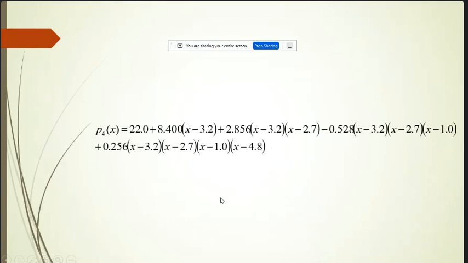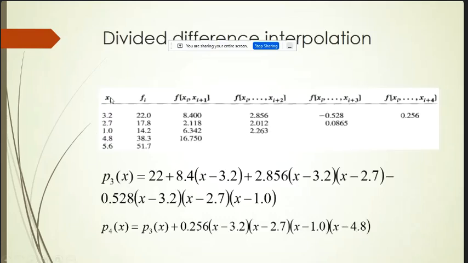An important feature of this method is that we can insert a new point. For example, if you want the first 4 points, you can easily get P3(x) as follows.